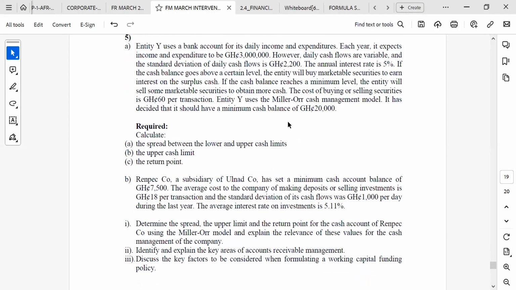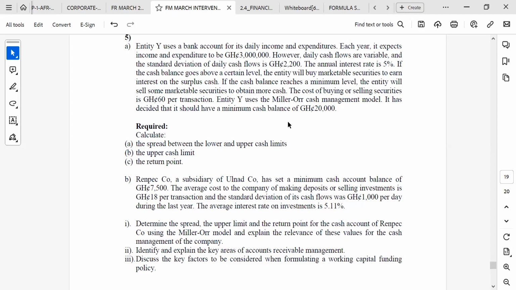Question 5B. Take the A. Entity Y uses a bank account for its daily income and expenditures. Each year, it expects income and expenditure to be 3 million Ghana cedis. However, daily cash flows are variable, and the standard deviation of daily cash flows is 2,200 Ghana cedis. The annual interest rate is 5%.